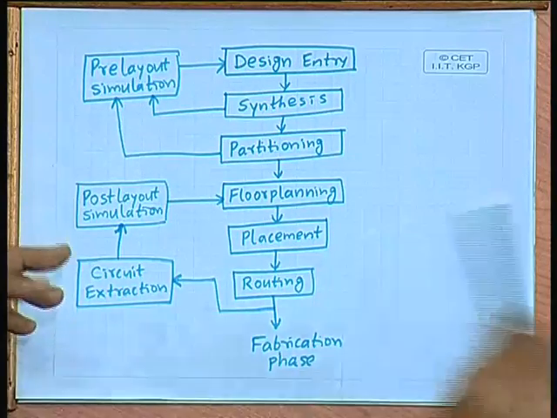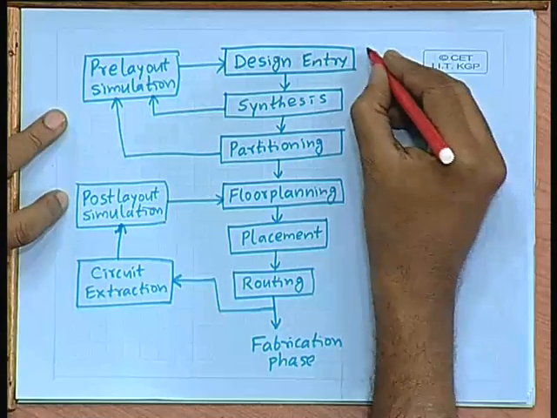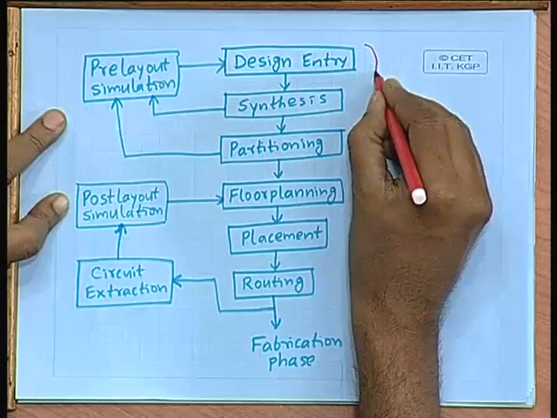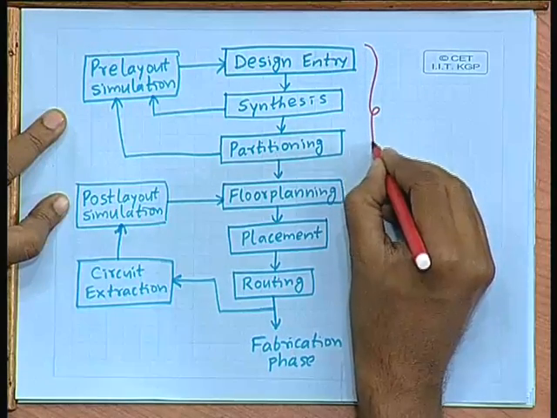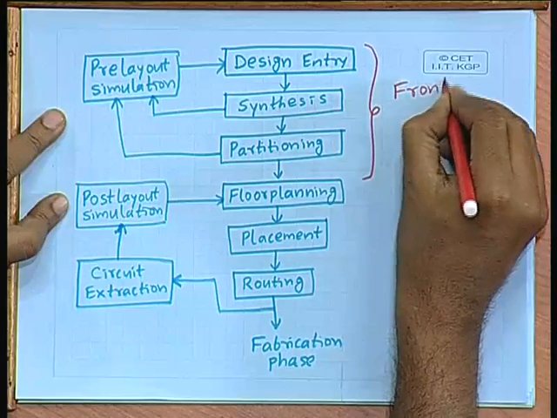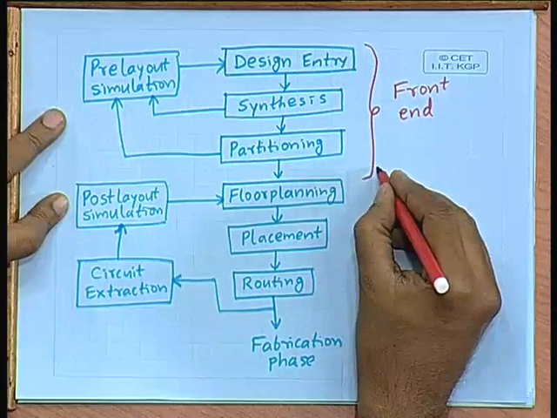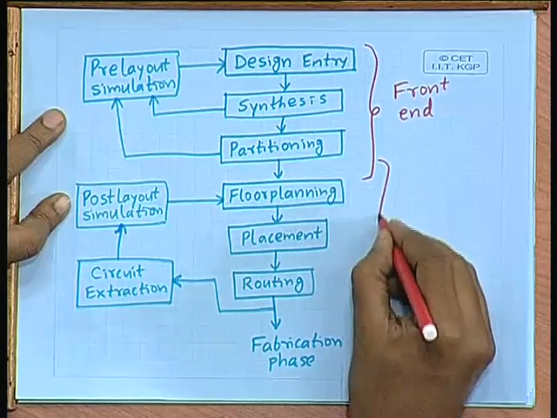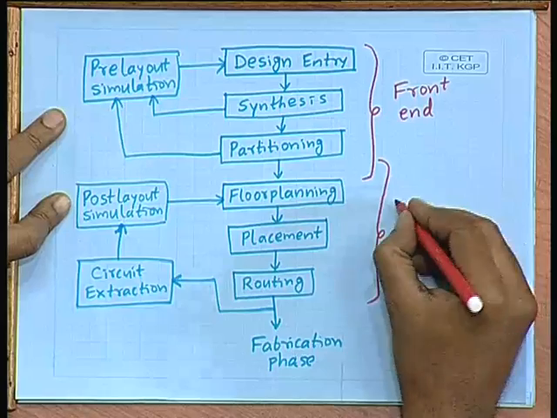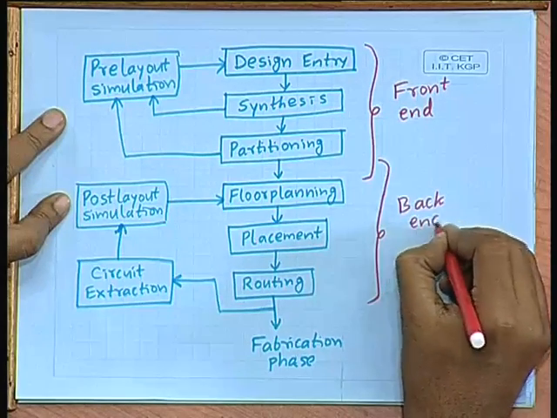In this overall flow, as I also mentioned at the beginning, up to partitioning is broadly called the front end CAD design tools, and there is a small overlap here, and the remaining part is called the back end design tools.